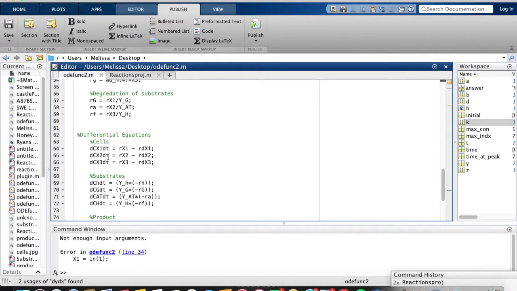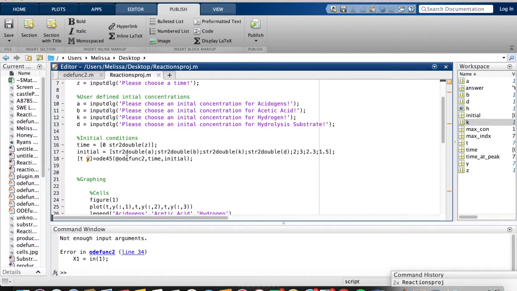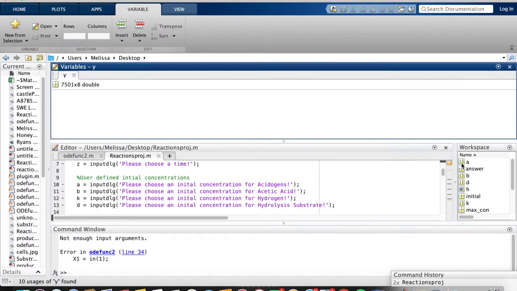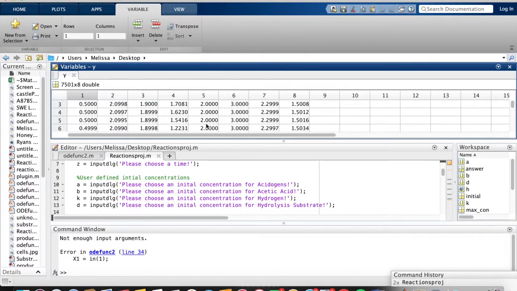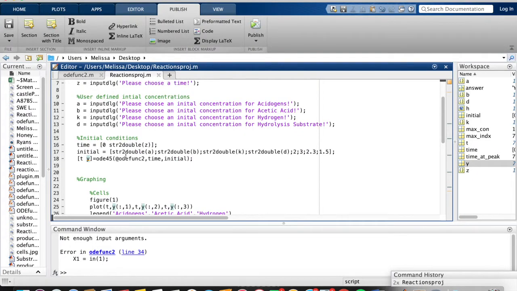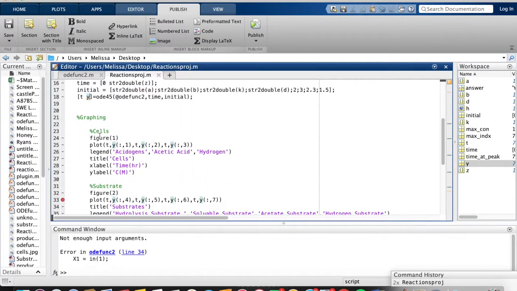Once it goes through this function, it goes back over here and runs through the ODE45 function and spits out a matrix of concentration related to the time, and it looks a little something like this. And these are all of our different concentrations. And then it plots.